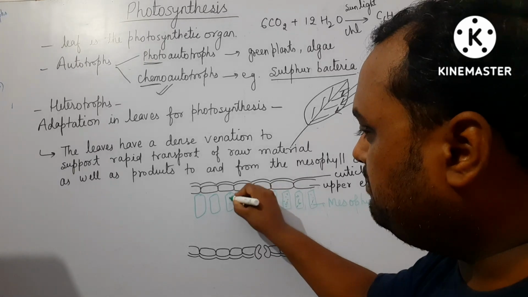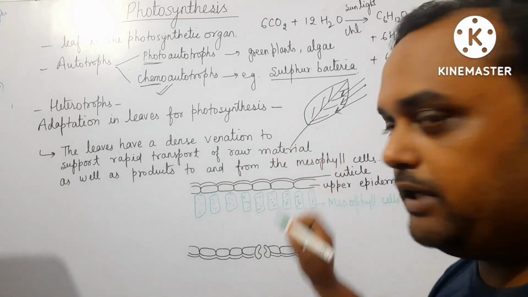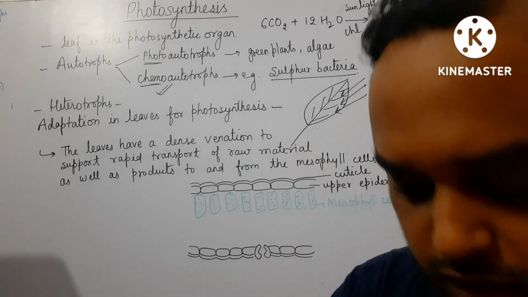So actually this is the main site for the photosynthesis. So it's a green color structure.